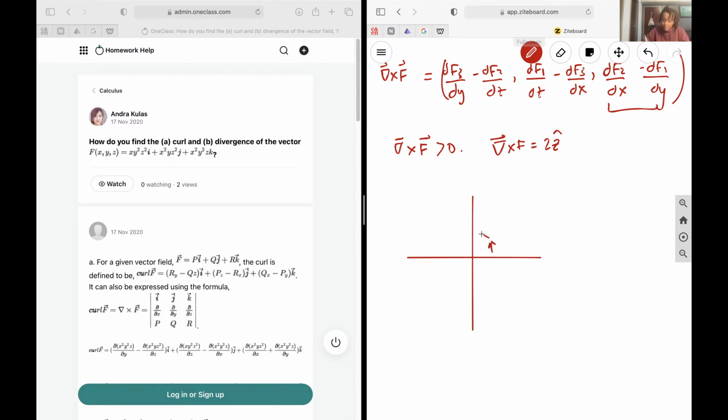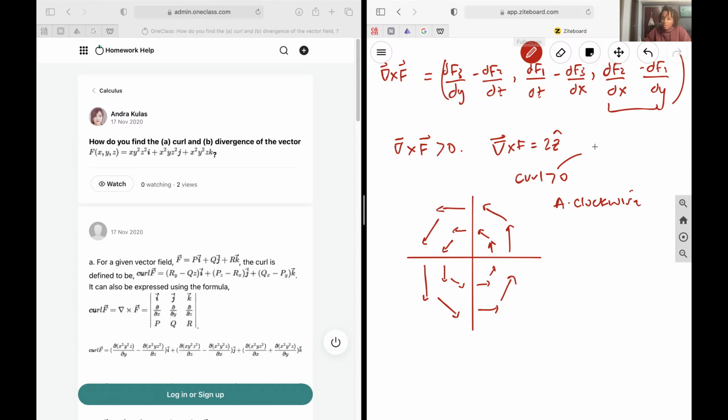It's going to be the last case that we saw before. And this is what it's going to look like. And so this tells us that a curl of over 0 will always be anti-clockwise.